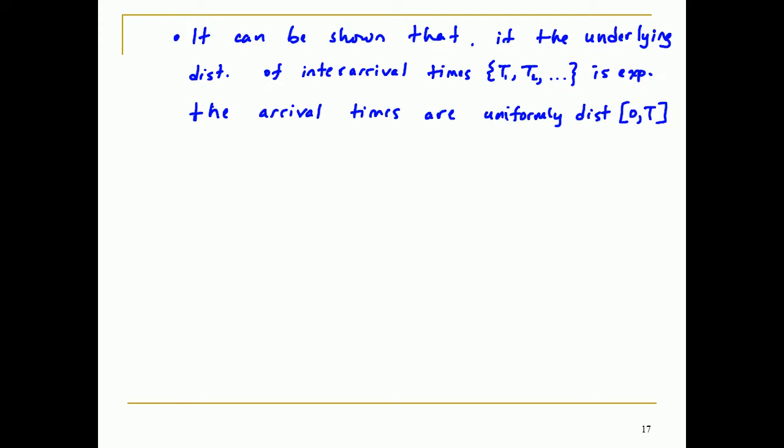So the other thing that you need to know is that we're going to have to normalize the arrival times to a 0-1 in order to apply the KS test.